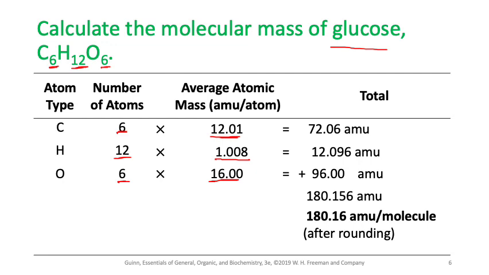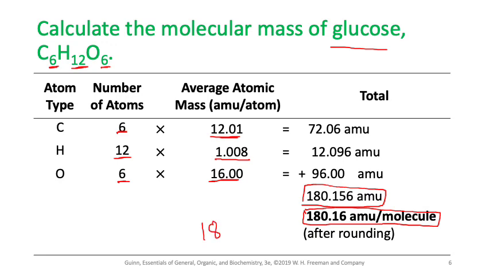So when you multiply each of them together and then add them up, you will get around 180.156 AMU, and after rounding off it is around 180.16 AMU per molecule of glucose.